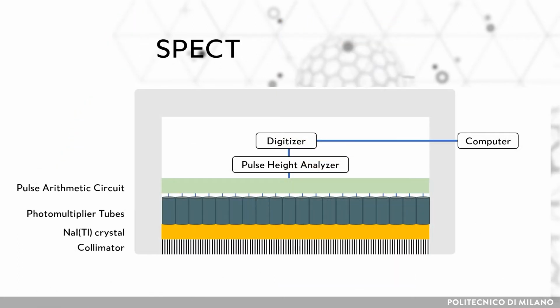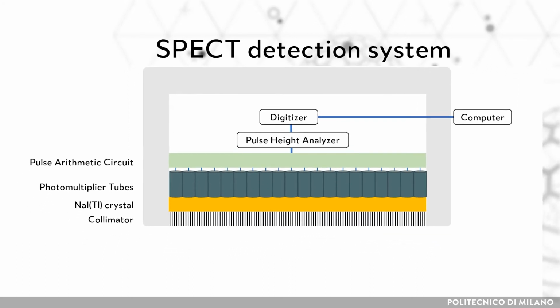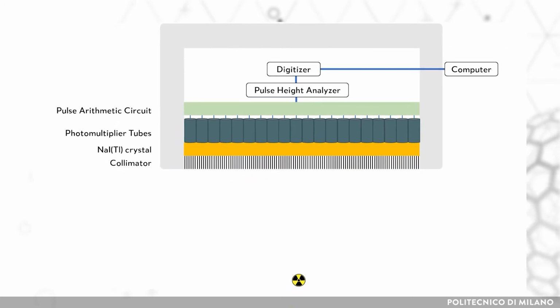The camera contains a large planar crystal, such as a thallium-doped sodium iodide crystal, which can detect gamma rays in the energy range from 60 to 360 kiloelectron volts. The gamma rays are collimated before incidence on the crystal. The light generated by the crystal is enhanced by photomultiplier tubes.